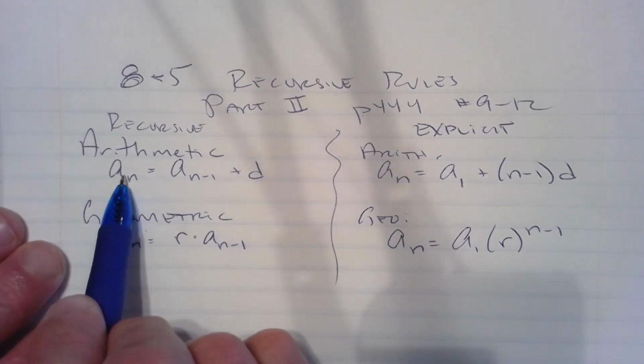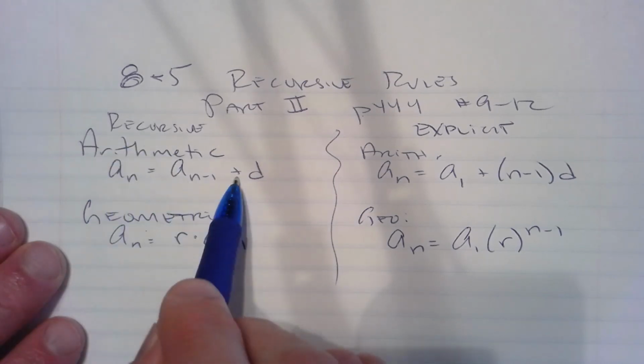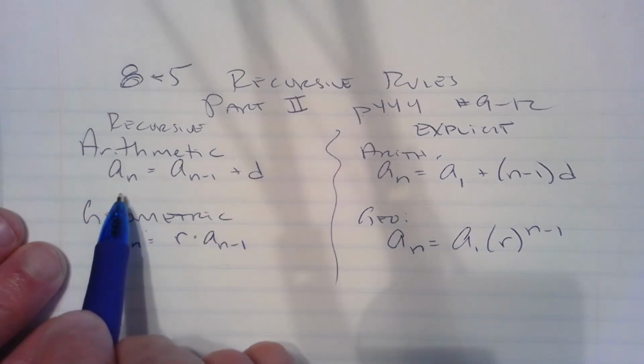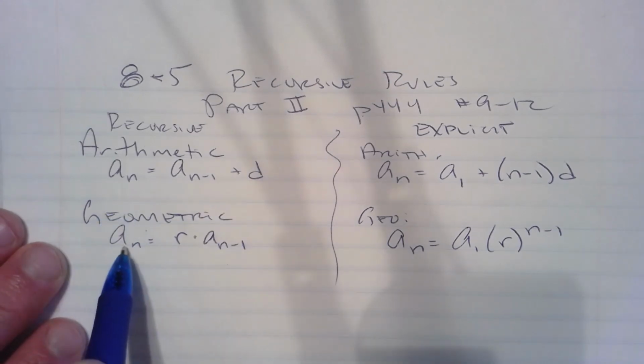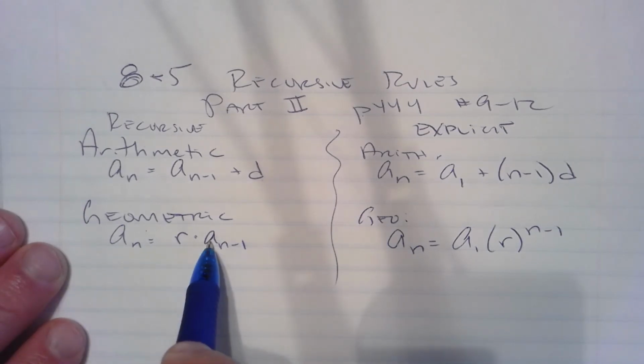For arithmetic sequences that are recursive, the next number is the previous number plus the common difference. Remember, we also need to define the beginning term. For geometric, the next number is the common ratio times the previous number.